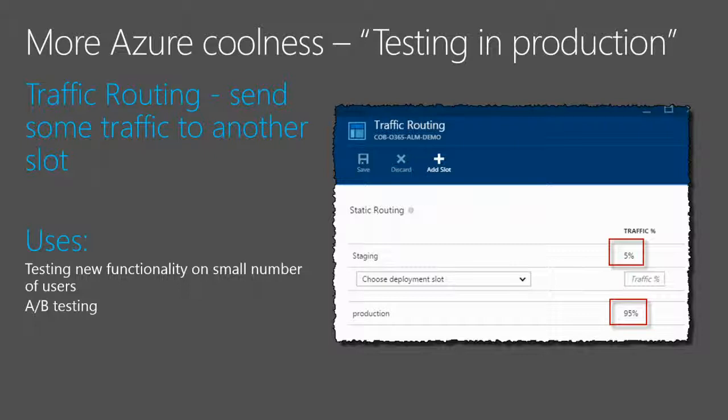Now, what this would enable you to do is kind of do some A/B testing, or perhaps you've deployed some new functionality, you're not sure how it's going to work out. You really want 5 or 10% of the users to try this. You're trying to do some soft launch of something. Maybe you've got some logging in the code or some diagnostics, and you can basically send a certain proportion of your traffic to a different slot.